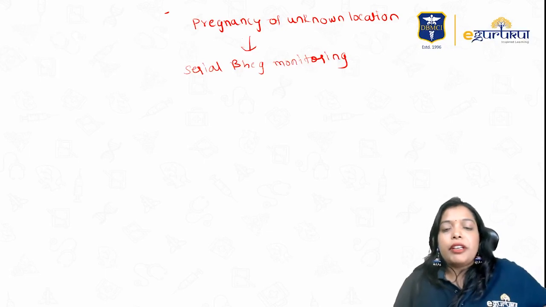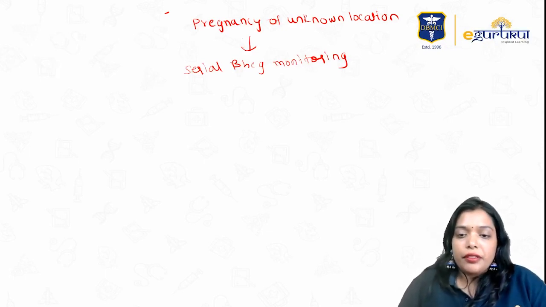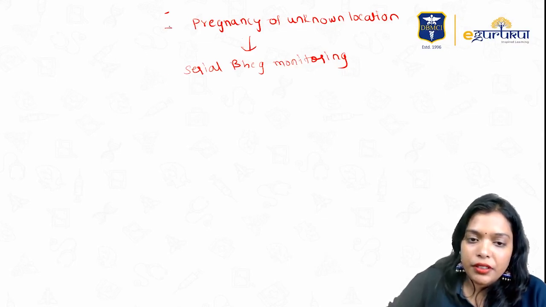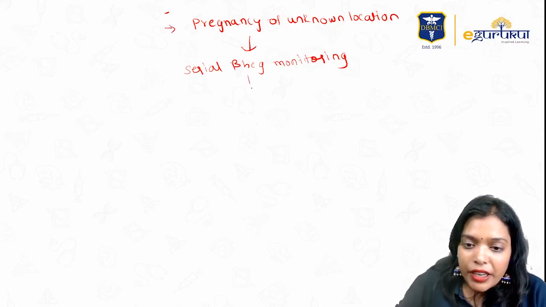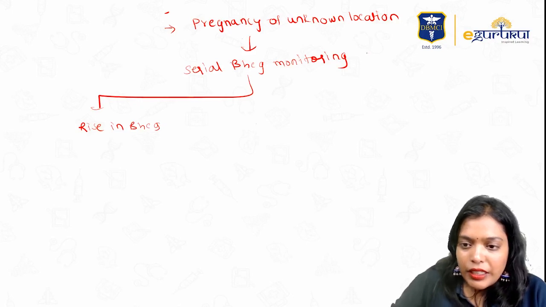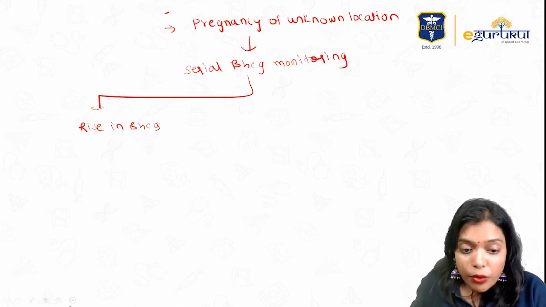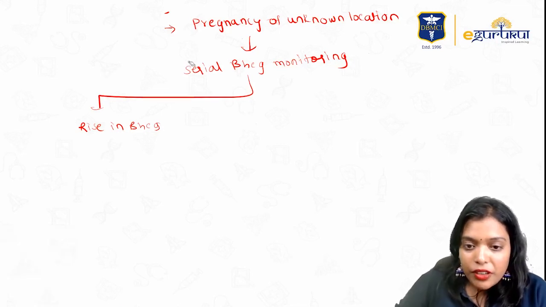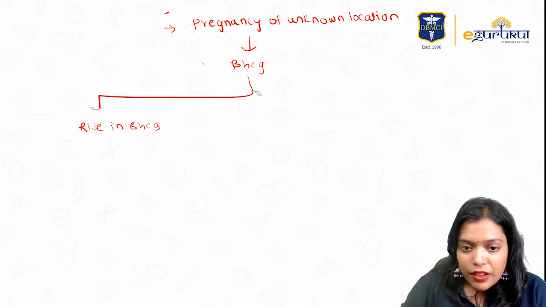So first and foremost, when you have a pregnancy of unknown location, you have to check the beta HCG levels.